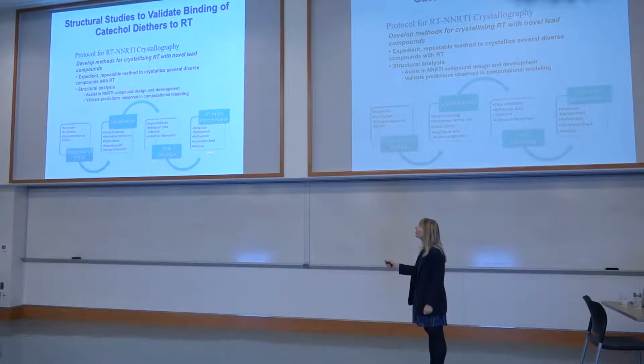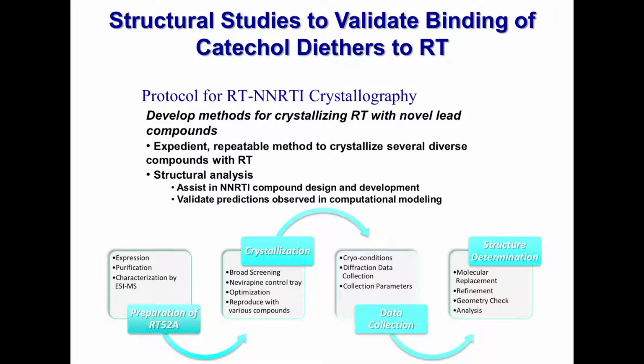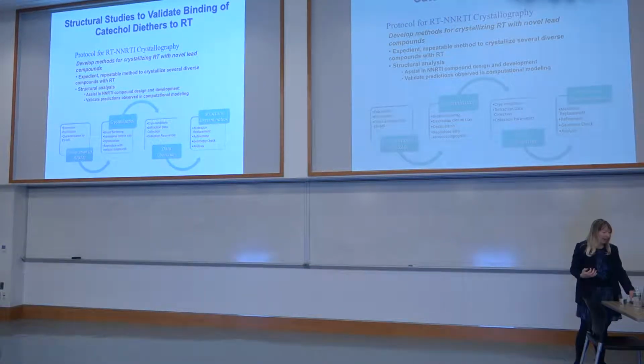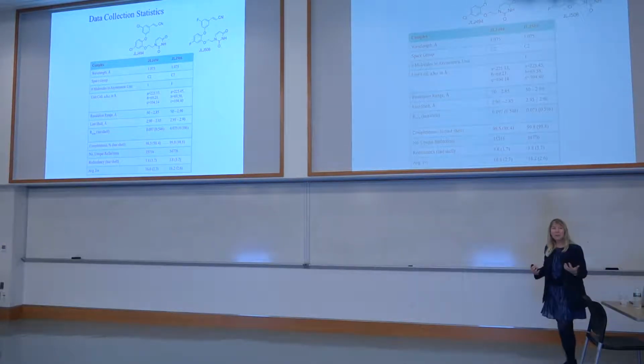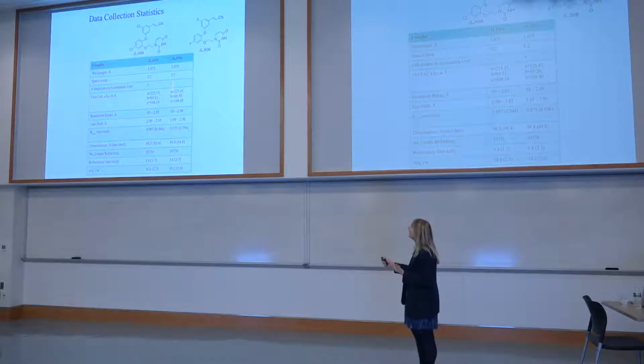So this is sort of our strategy and our protocol for getting the crystal structure of reverse transcriptase bound to these non-nucleoside inhibitors. We use this workflow, and so the whole idea is that we would validate the computational studies. And so for those of you that do crystallography, these are just some of the data statistics for each of the compounds.